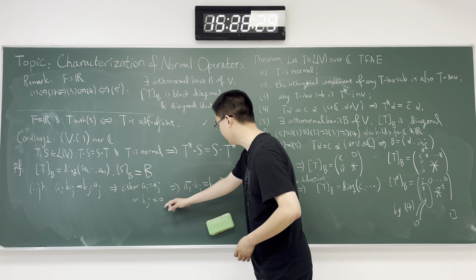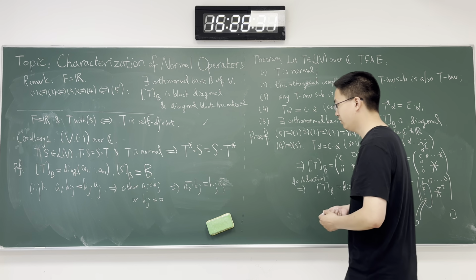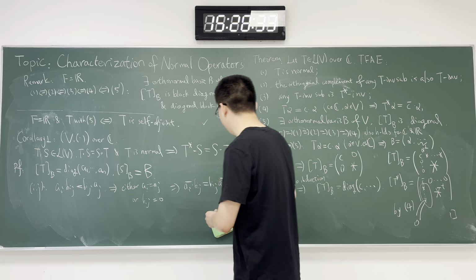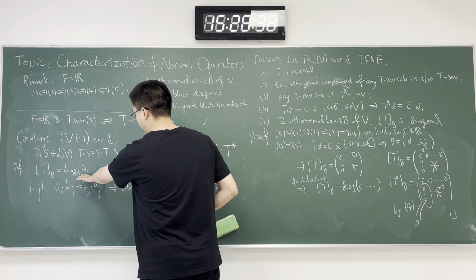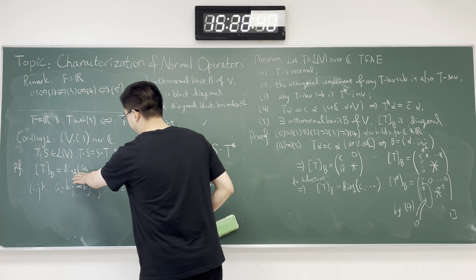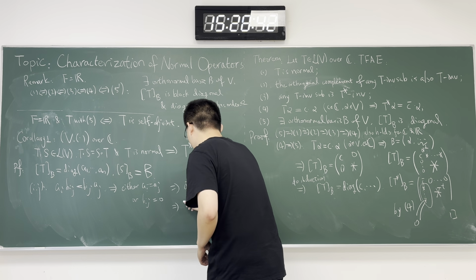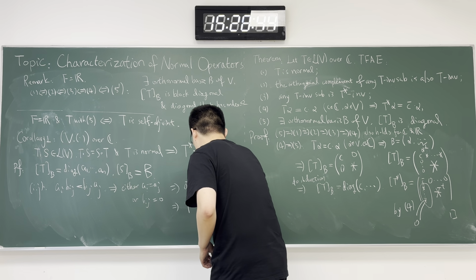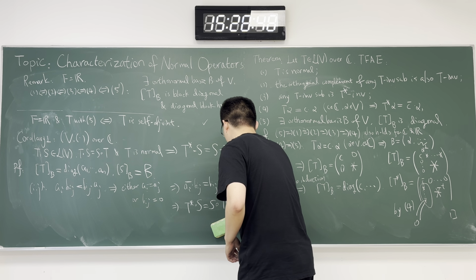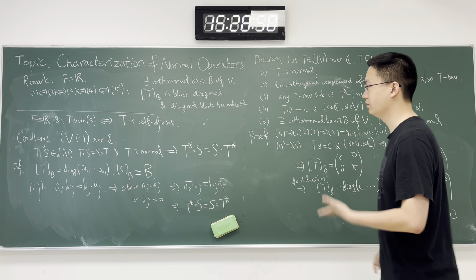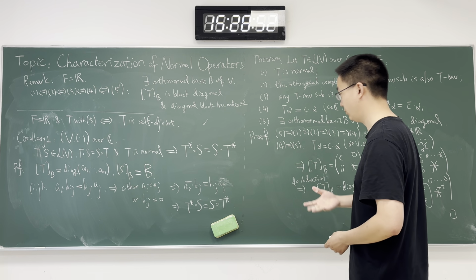And if B_ij is 0, the equation is also true. This simple observation means that, since T star is the conjugate of this diagonal matrix, T star commutes with S. This finishes the proof of corollary 1.